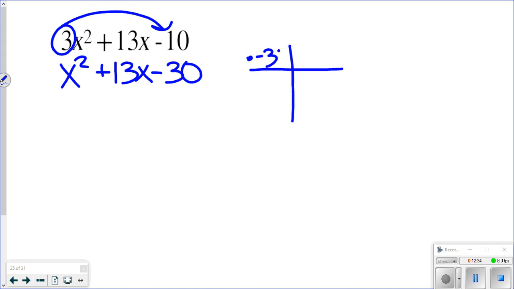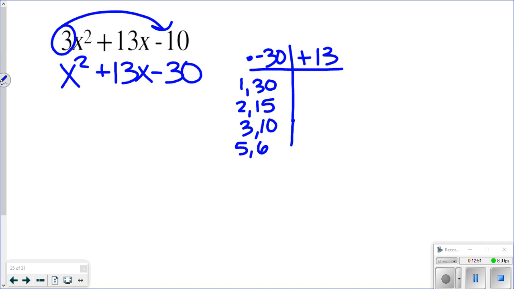Multiply to get -30, add to get 13. One has to be negative and one has to be positive.